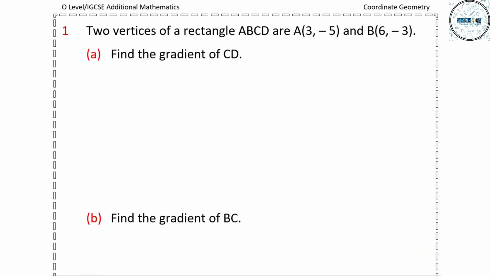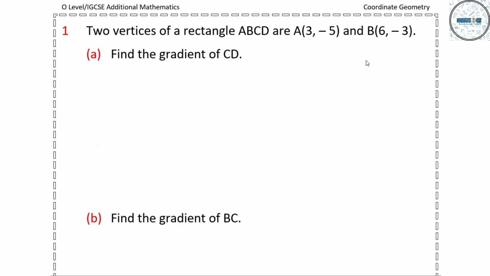Let's do some questions related to parallel and perpendicular lines. Two vertices of a rectangle ABCD are A (3, -5) and B (6, -3). We have to find the gradient of CD.